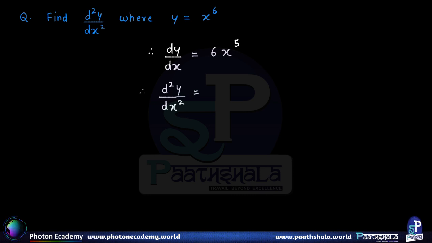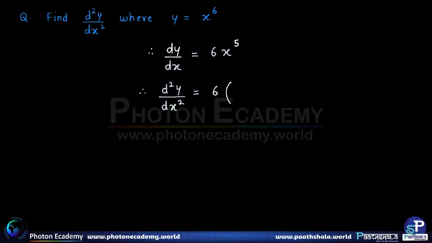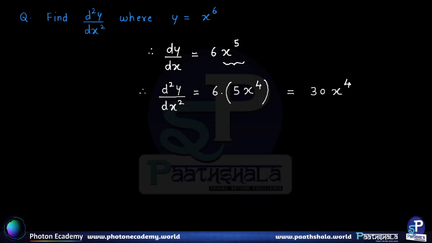So here we differentiate the first derivative. 6 will remain as it is, multiplied by the derivative of x raised to 5, which is 5x raised to 4, isn't it? So that finally gives us 6 into 5 as 30 into x raised to 4. So that is the second derivative.